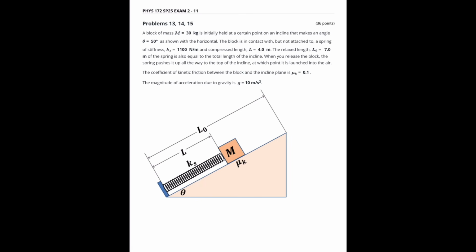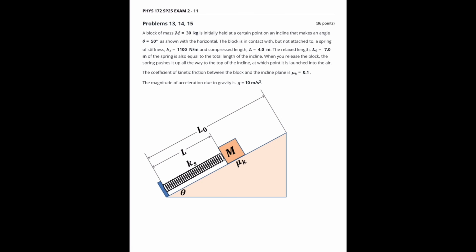The relaxed length L0 equal to 7.0 meters of the spring is also equal to the total length of the incline. When you release the block, the spring pushes it up all the way to the top of the incline, at which point it is launched into the air. The coefficient of kinetic friction between the block and the incline is mu k equal to 0.1. The magnitude of acceleration of gravity is 10 meters per second squared.